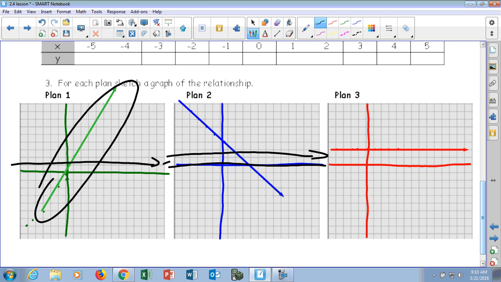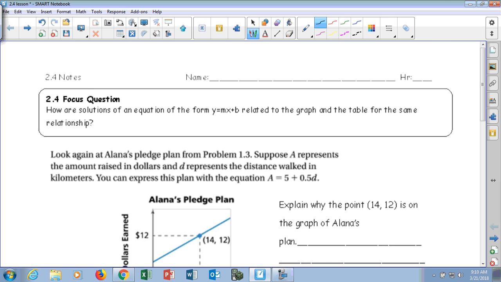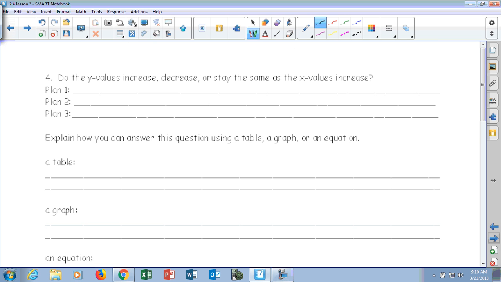It is increasing. It is a positive line, increasing. So plan 1, we can just write increases.